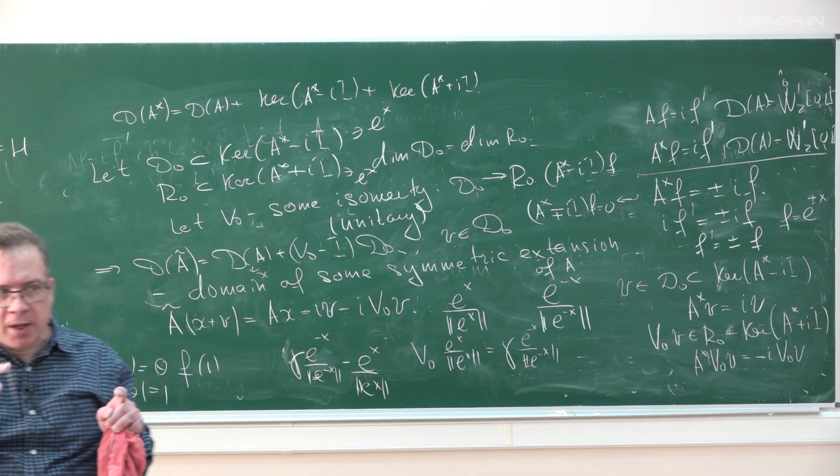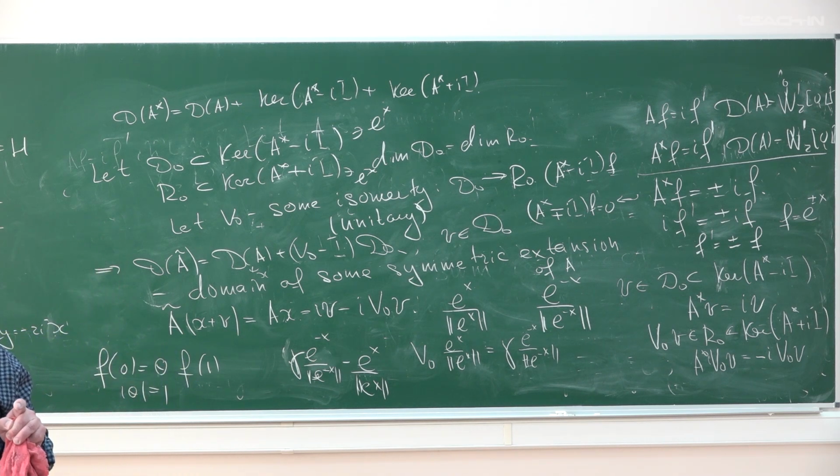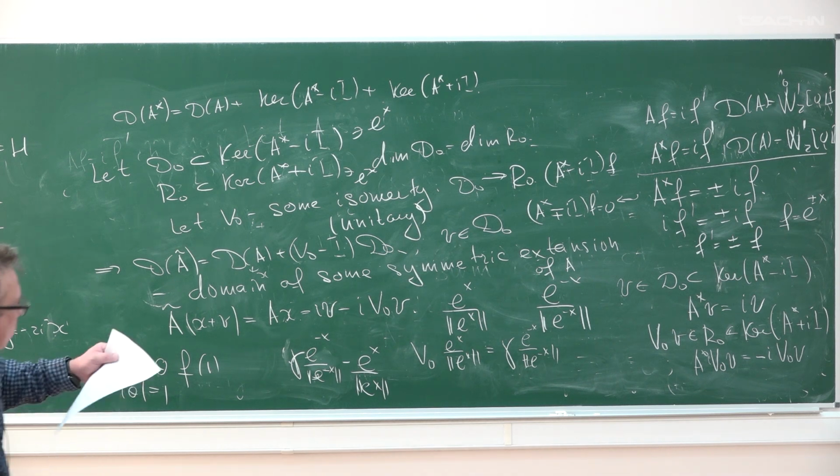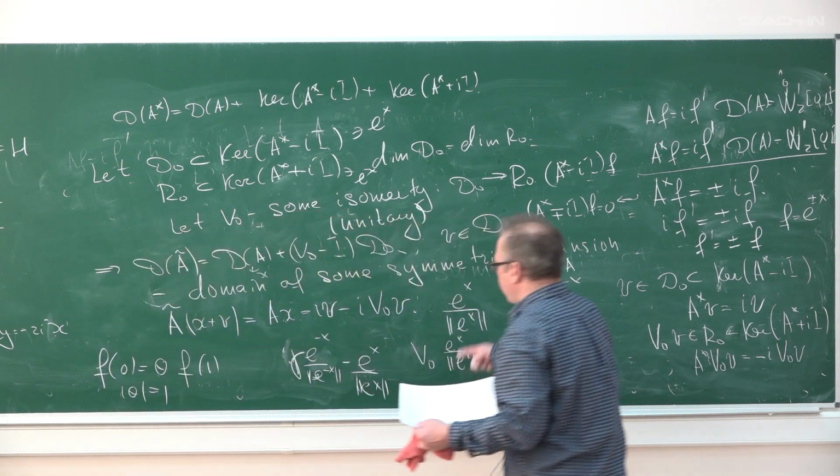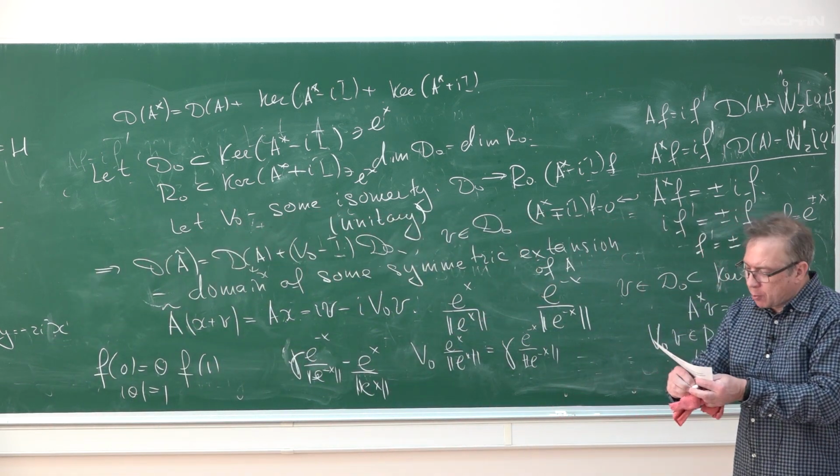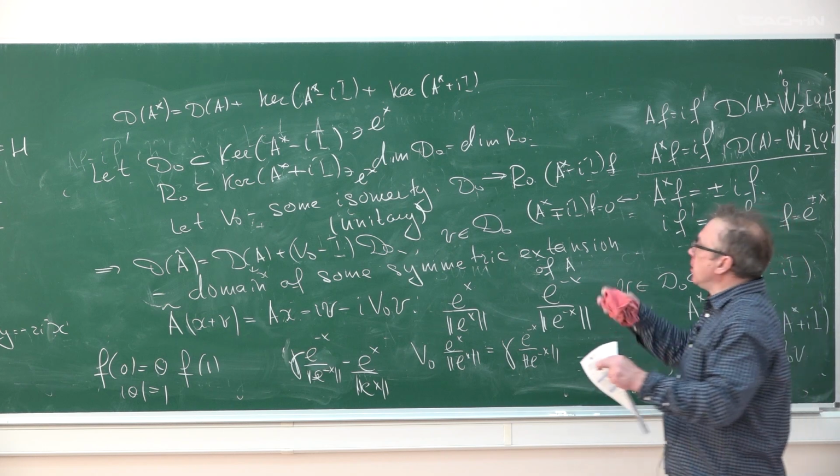Then the unitary operator is just multiplication by a number with absolute value equal to 1. I can write these formulas because once upon a time I calculated them.